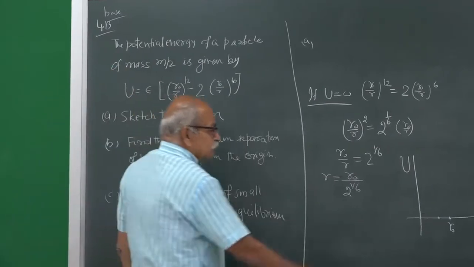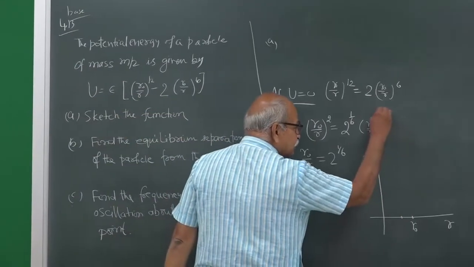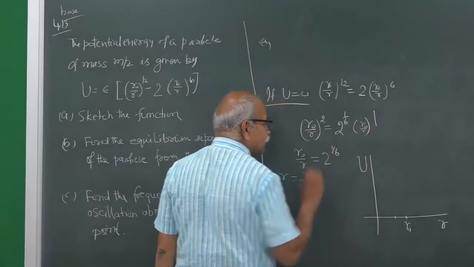That means, for very small r, the curve is coming from here.